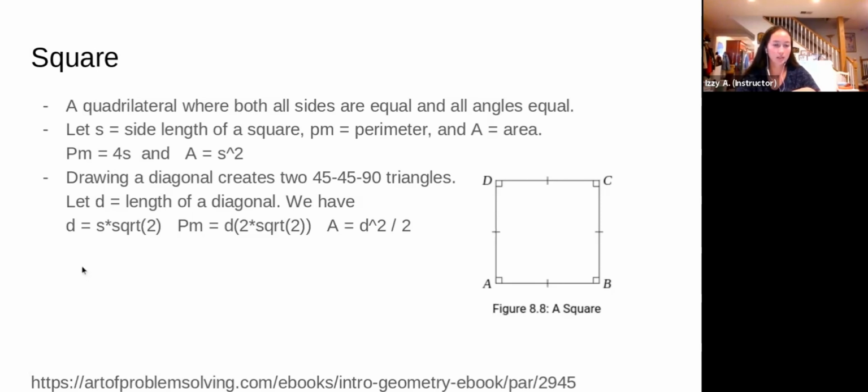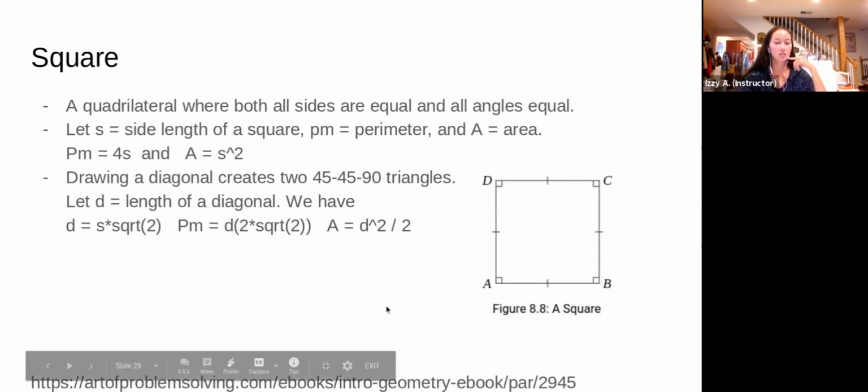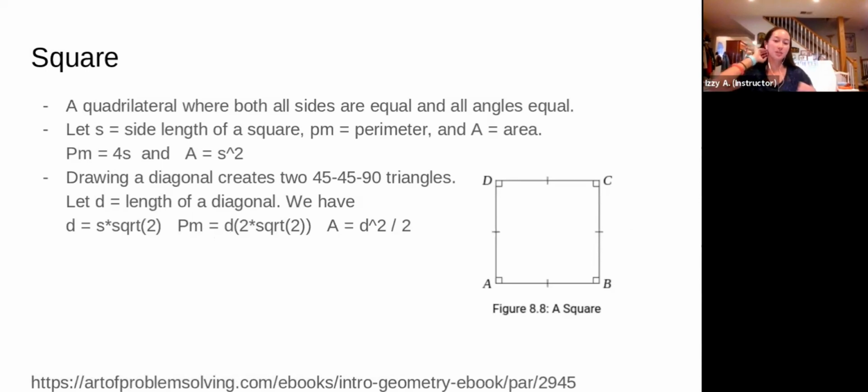So if we know the length of a diagonal, we can use that value to figure out the perimeter and area. These formulas would be used when we know the diagonal measurement. I'll leave this up for a few seconds and then we can move on.